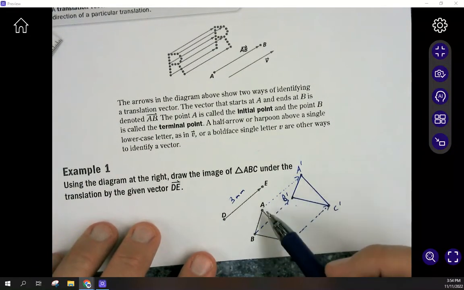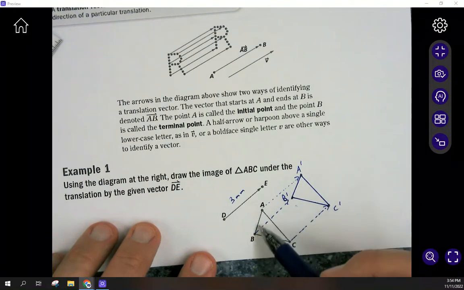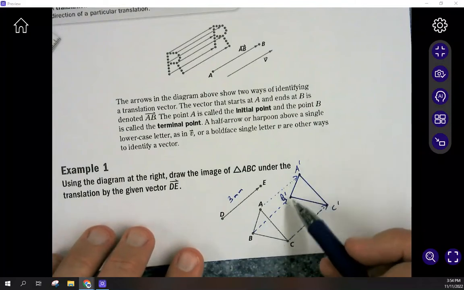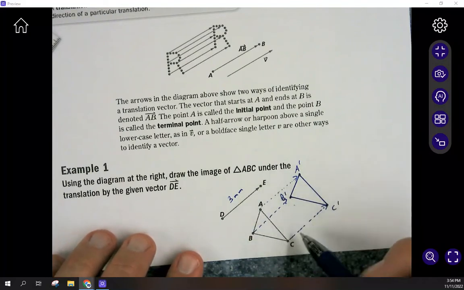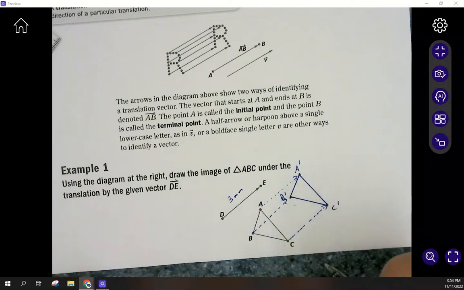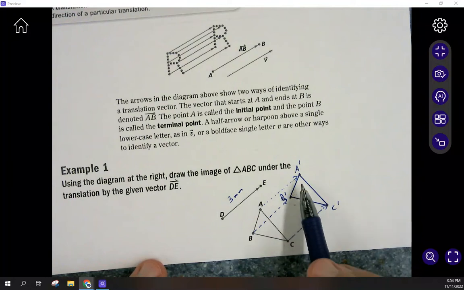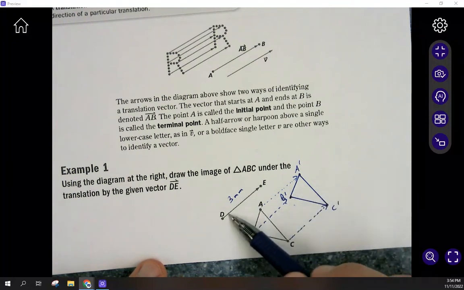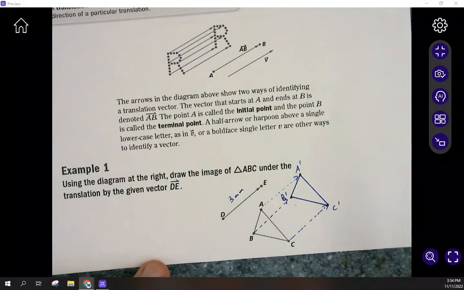So if I measured the side of AB, it should be pretty darn close to this. And under a translation, it would be exactly the same, because we know that the property of distance is going to hold true throughout this translation. It will be preserved. Same thing with angle measures. They should be exactly the same. All we've done is slid this amount in that direction.